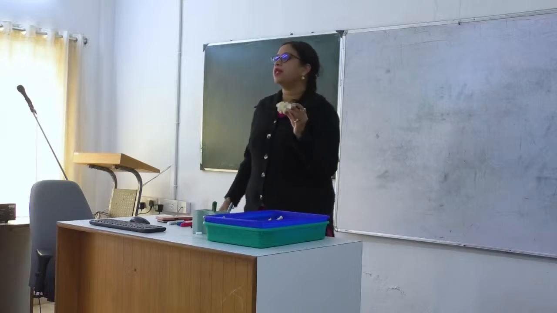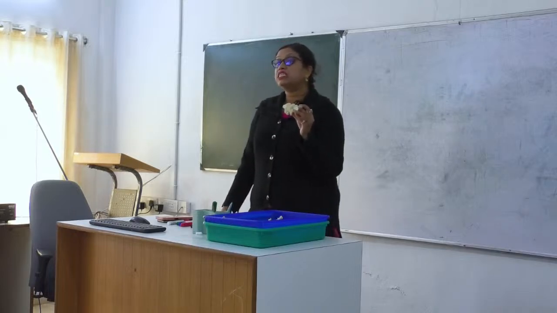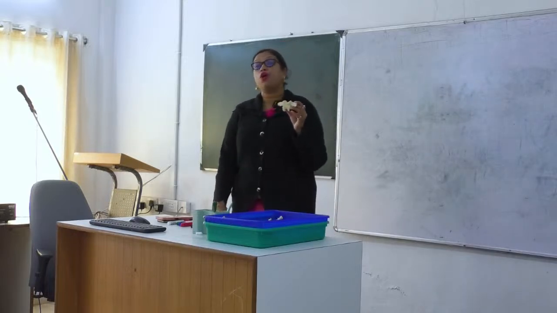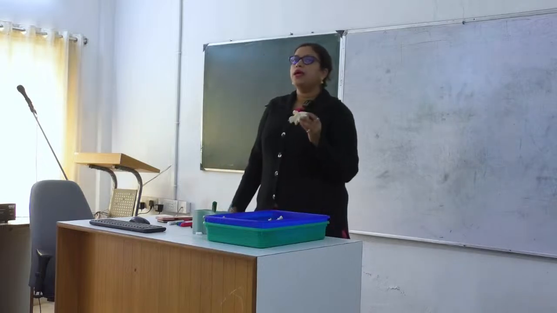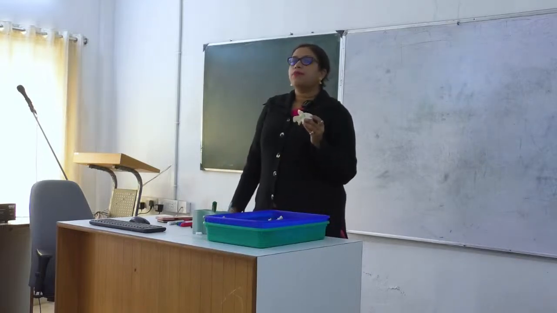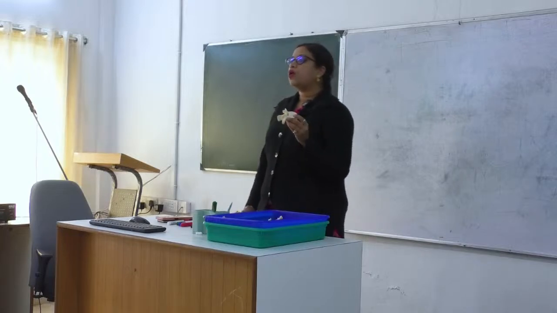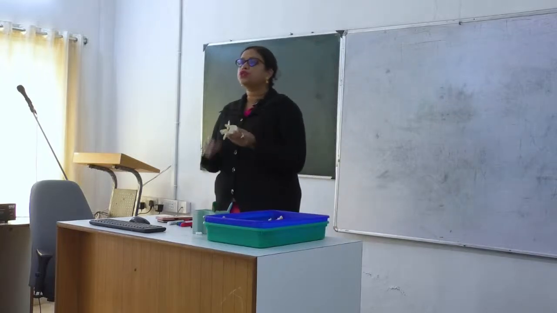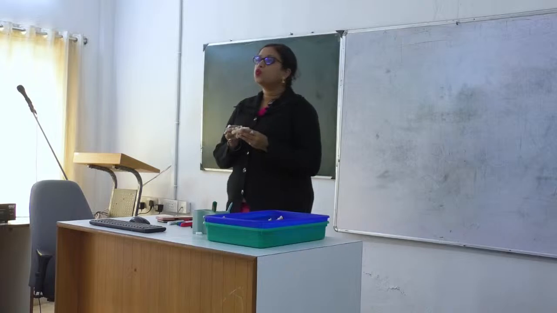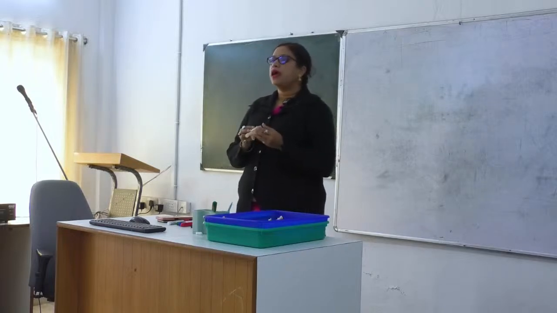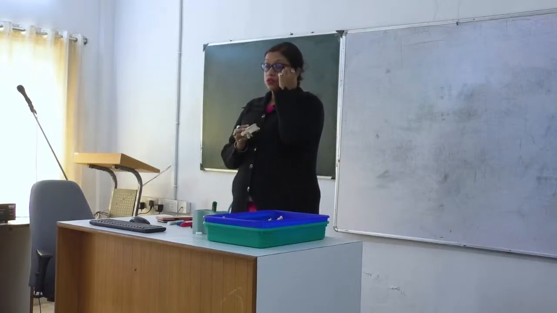So this is the mammillary process, very important. This is the characteristic feature of the lumbar vertebra. So write it down. Mammillary process is found on the posterior border of the superior articular process.